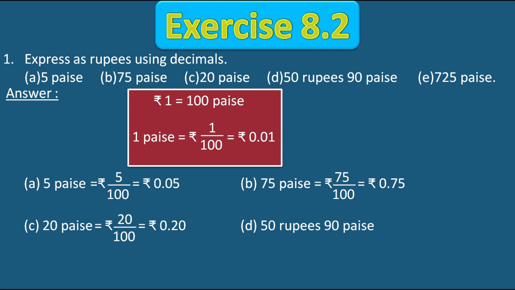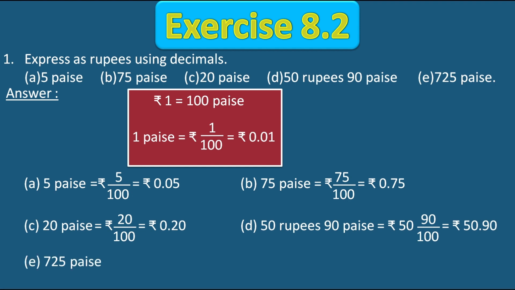Now D1 we have 50 rupees 90 paise. Now we have rupees also with that. So 50 rupees can be a whole number and 90 paise we can convert into fraction. So rupees 50, 90 upon 100. Now while converting into decimal, 50 rupees we should keep in the whole number part, so it will become rupees 50.90. Next we have 725 paise.